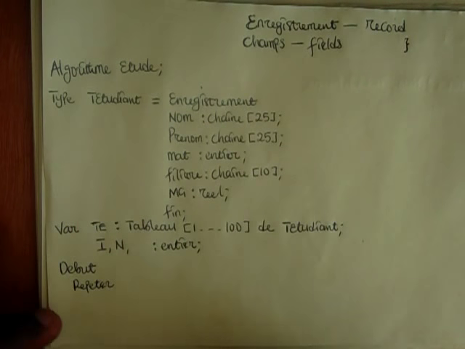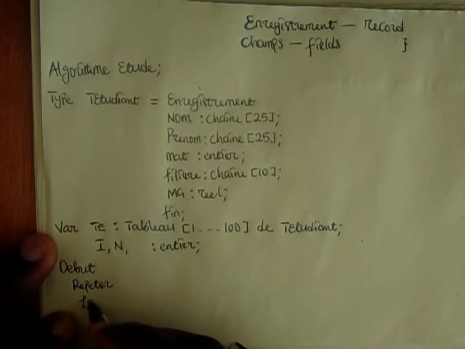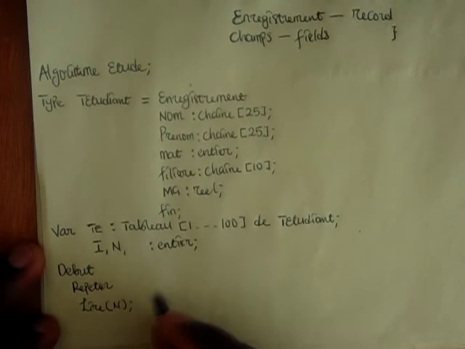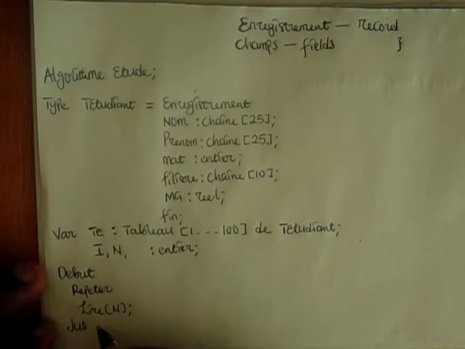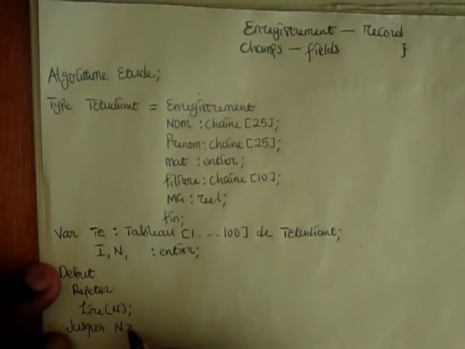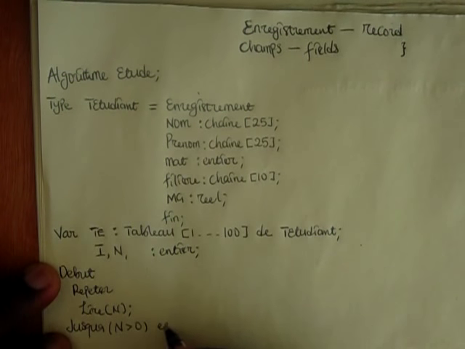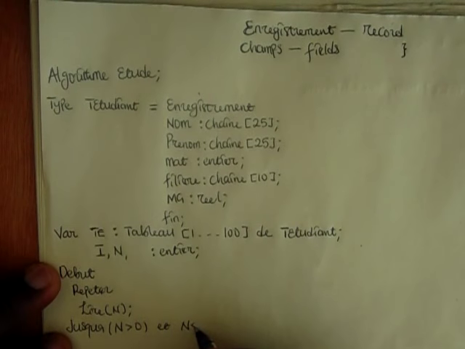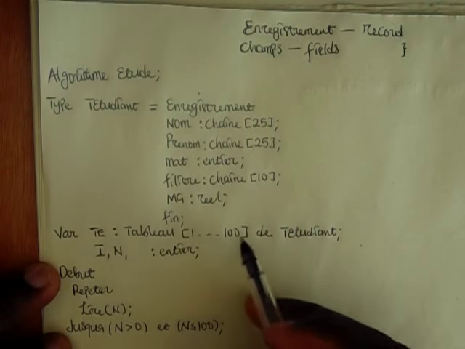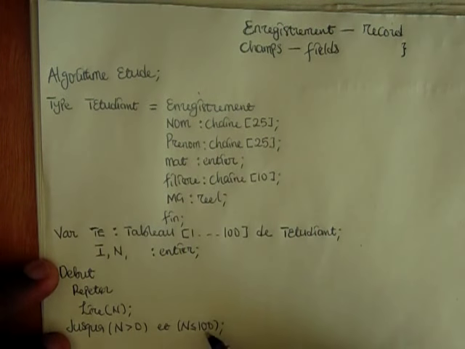It makes it faster, best put. So lire, it will scan the length of the table, jusqu'à n superior or equal to 0. That is, n is positive and n is less than or equal to 100, the set limit of the table. So if the person chooses 101, it will not work.